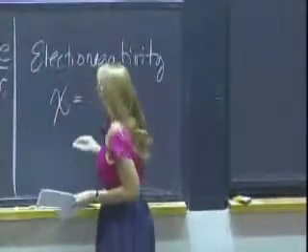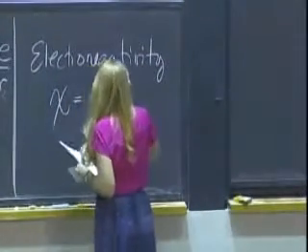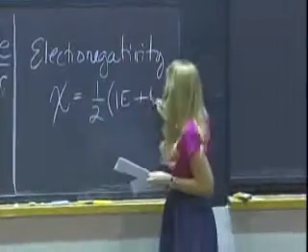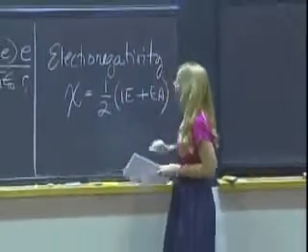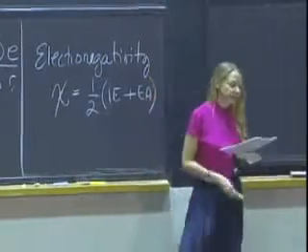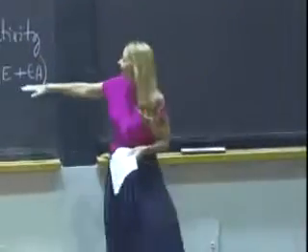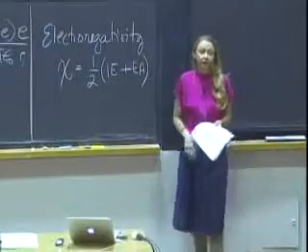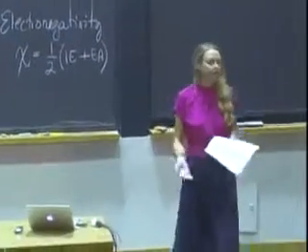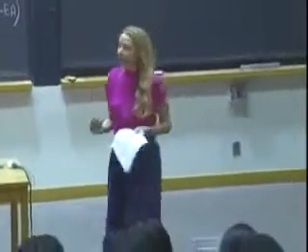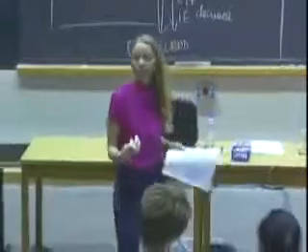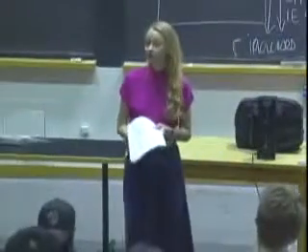And that electronegativity is defined as 1/2 times the quantity ionization energy plus the electron affinity. All right, so the electronegativity is proportional to the average of the ionization energy and the electron affinity. The electronegativity is a measure of the tendency of an atom to accept or to donate an electron.